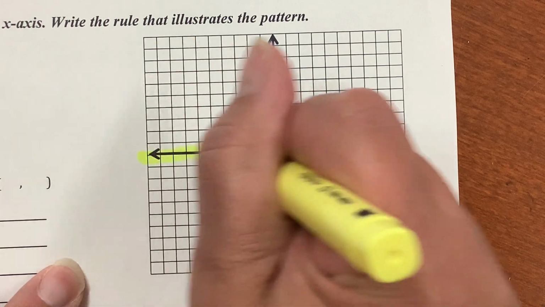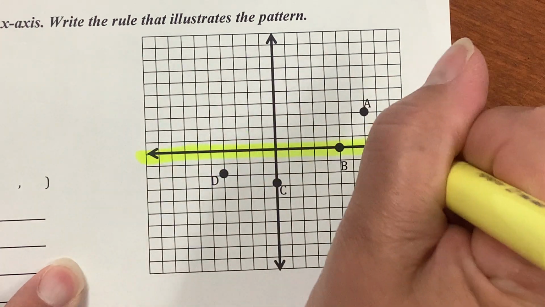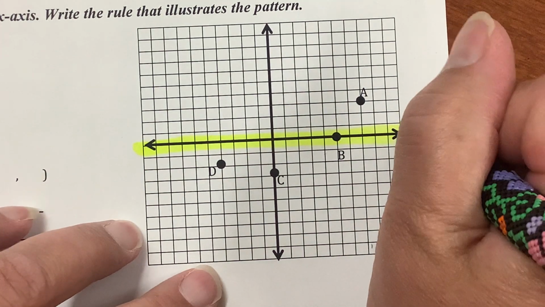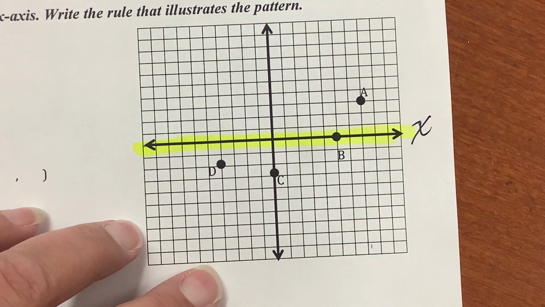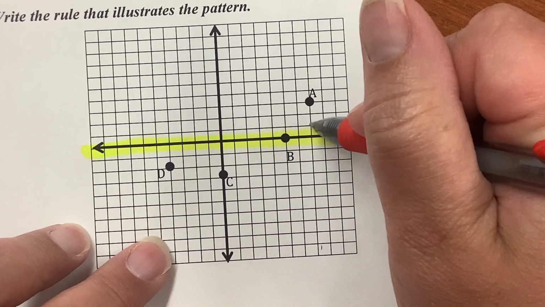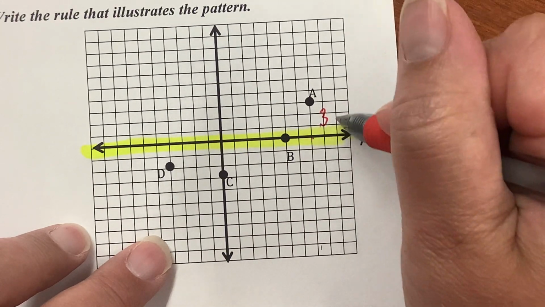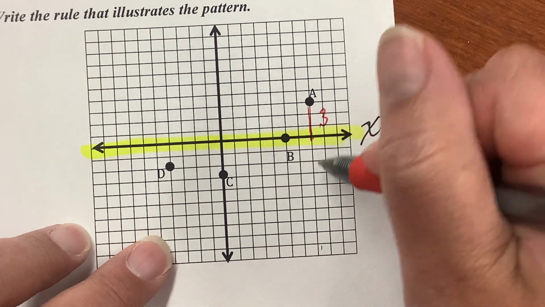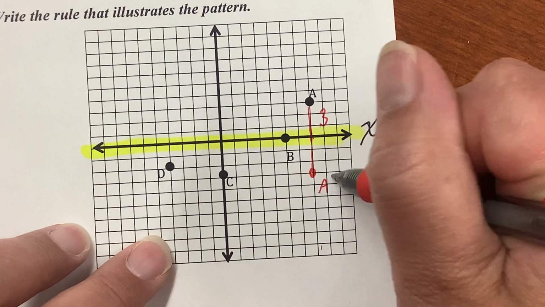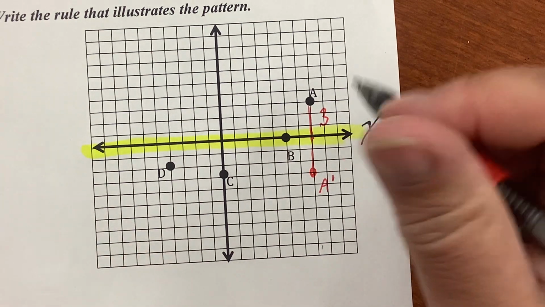All right, now I'm going to reflect over the x-axis. So let's highlight the x-axis so we know what we're reflecting over. And we'll put a nice X next to the x-axis. Now we'll do just what we did before. 1, 2, 3 to the line of reflection, and 1, 2, 3 to A prime on the opposite side.